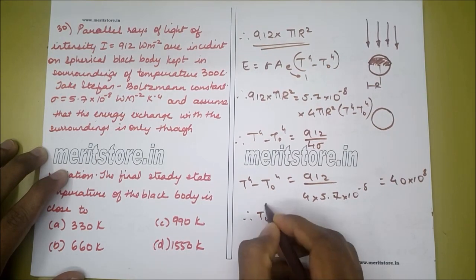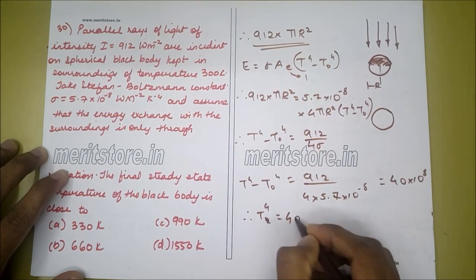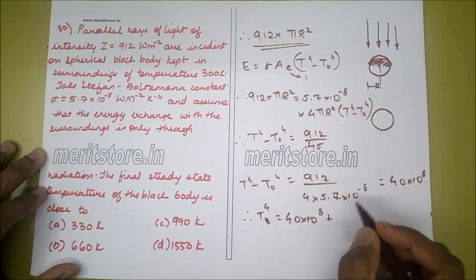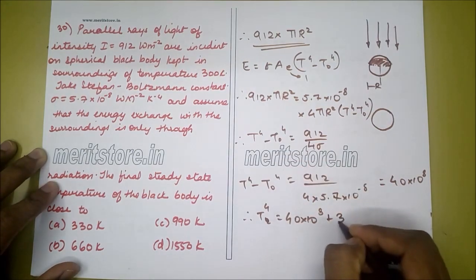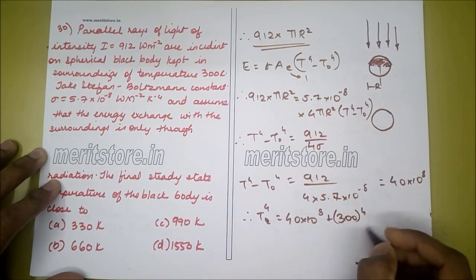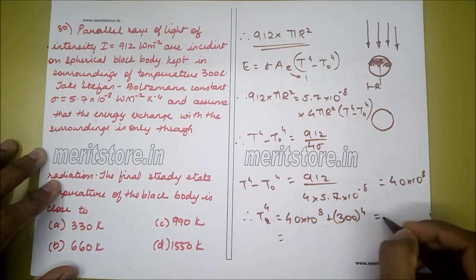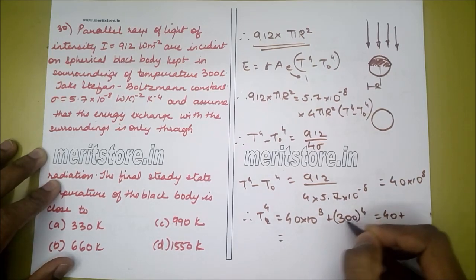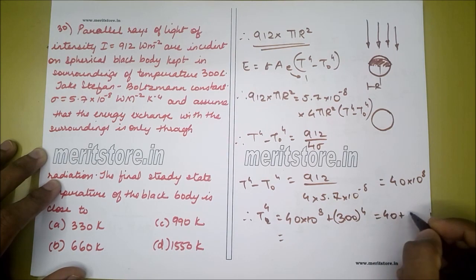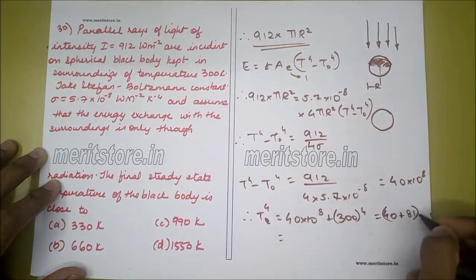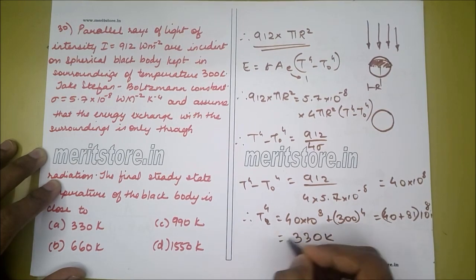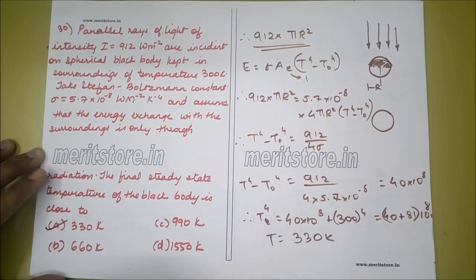So T raised to 4 is 40 into 10 raised to 8 plus the surrounding temperature, given as 300 Kelvin, so 300 raised to 4. This is solved as 40 plus 300 raised to 4, which is written as 3 raised to 4 into 100 raised to 4, so we get 81, with 10 raised to 8 common. Now taking the fourth root, we get around 330 Kelvin, the value of T. Hence option A is the correct answer.